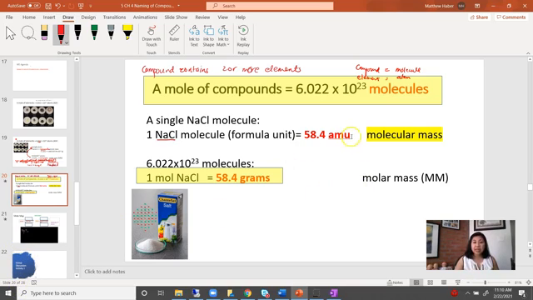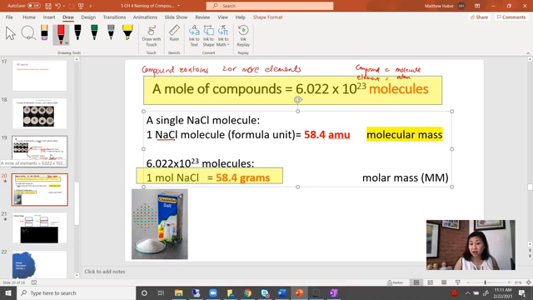Now take a look at the units. The unit is still AMU because we're dealing with a little tiny molecule of NaCl. In fact, we can't even see a molecule of NaCl. It's so small. The mass of a molecule is called molecular mass. It makes sense. The mass of one tiny molecule.